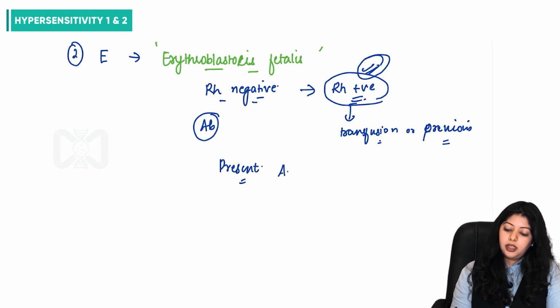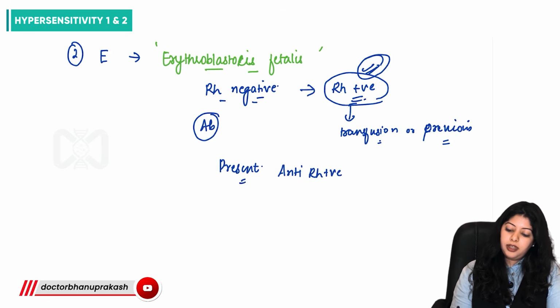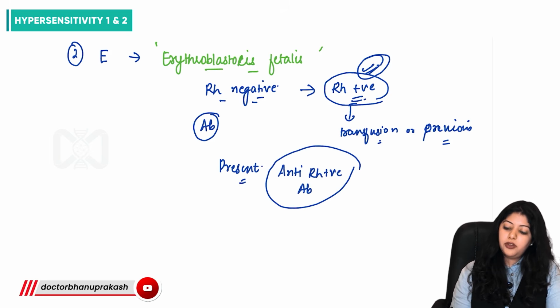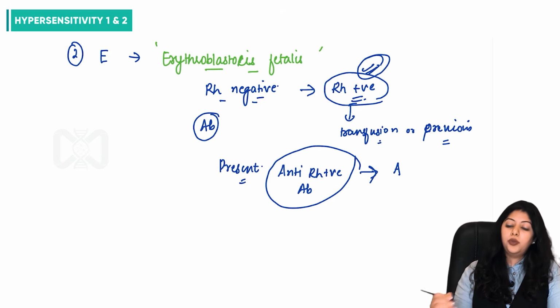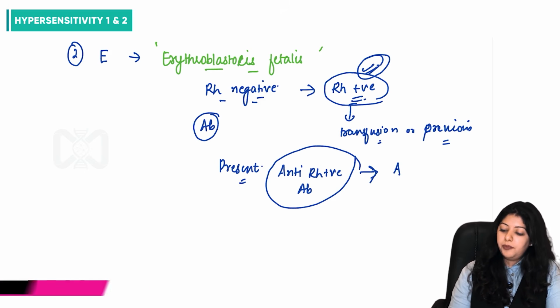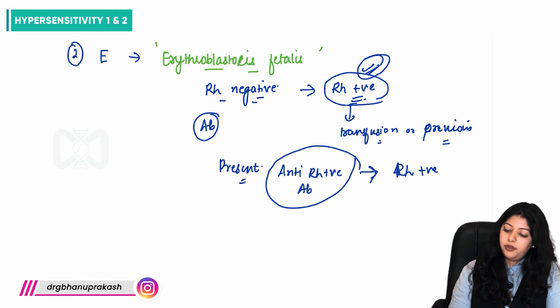These anti-Rh antibodies will cross the placenta and they are going to attack the Rh positive blood of the fetus.